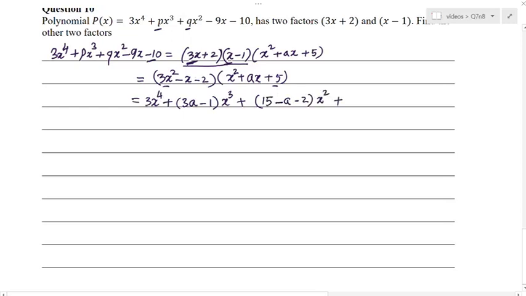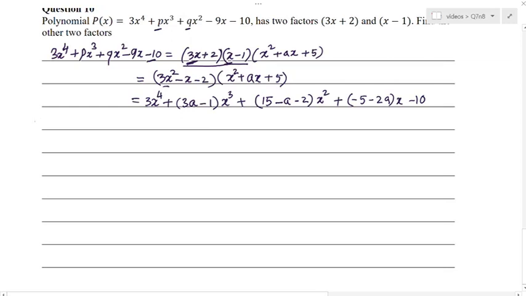The x term, again, we get by starting here, that and that will give us x terms. So I'm just going to clean them up. The x term will be minus 5 minus 2ax, and the constant term is minus 10.